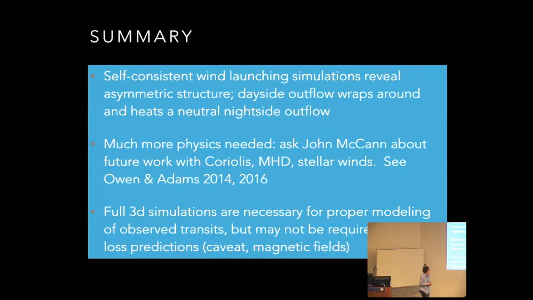So you can include a magnetic field, what's the primary effect? I think the short answer is a lot, depending on the field strength and depending on the field configuration. This is something that James and Fred have looked at a lot in 2 dimensions. You can get magnetic confinement of the flow. You can actually suppress wind launching from the polar regions.